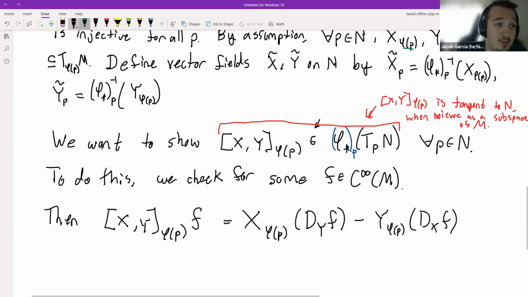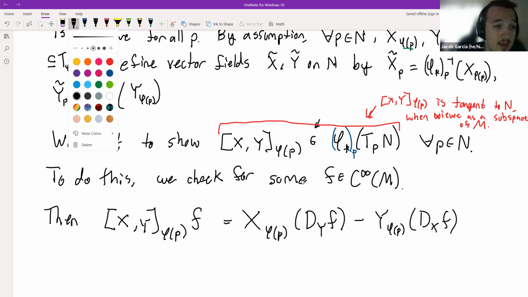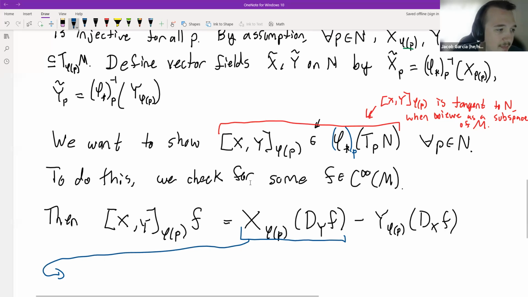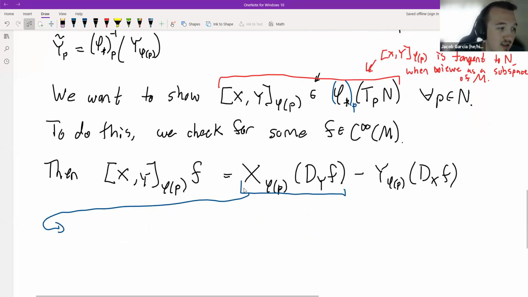Okay, so let's break apart what each of these mean. Right, so let's just focus on this piece first. Okay, so what does this mean?